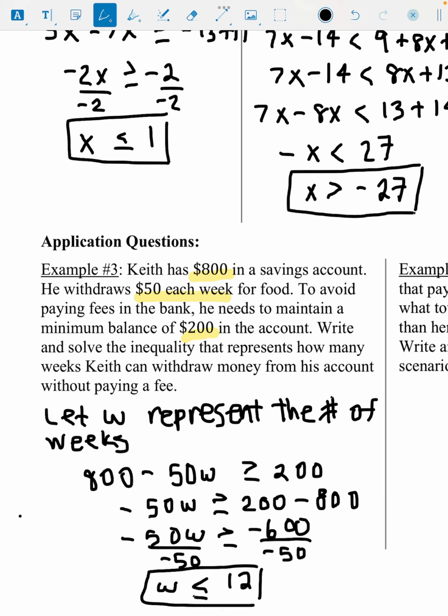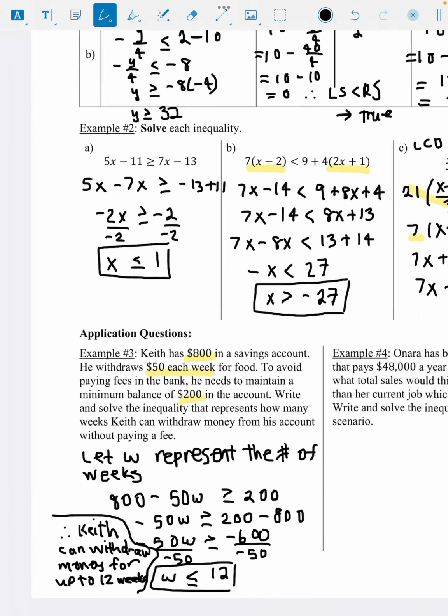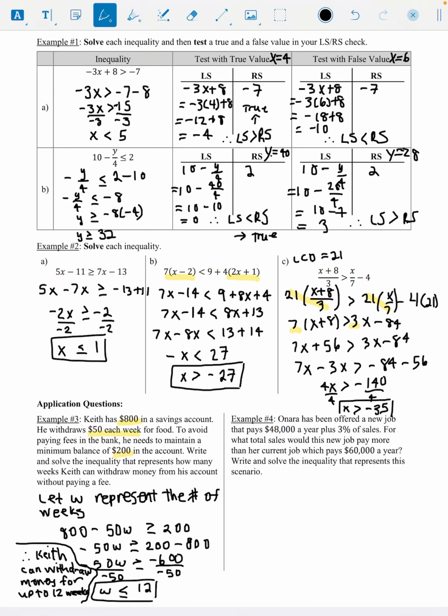So on the side here, I'm going to write therefore Keith can withdraw money for up to 12 weeks. And that's all you need for this first question.